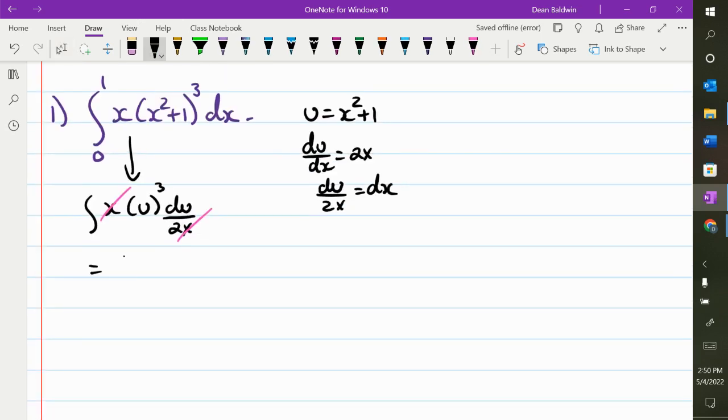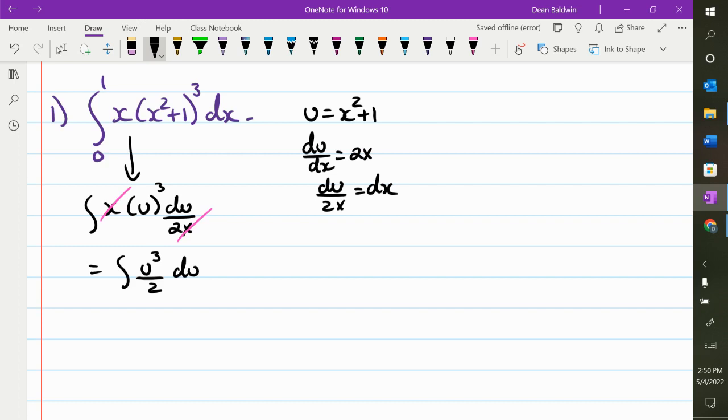And you end up with this. All right? Are we good? Okay. Do not put the bounds 0 and 1 on it. Why not? We don't want to do that yet.